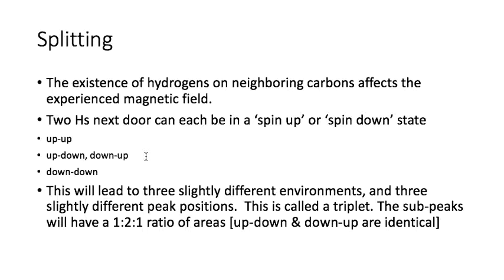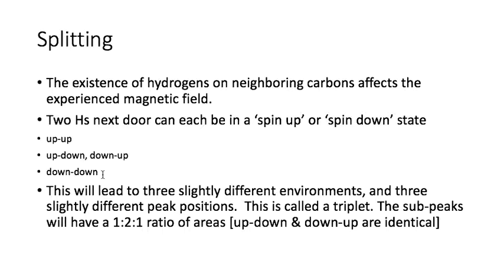They're zeroing out. So the peak that goes here would be right where you'd expect it to be if there were no hydrogens. And there's 2 possibilities of ways that can be, and there's only one possible way for this one, which would be shifted because they're both up, and this one where they're shifted but they're both down.